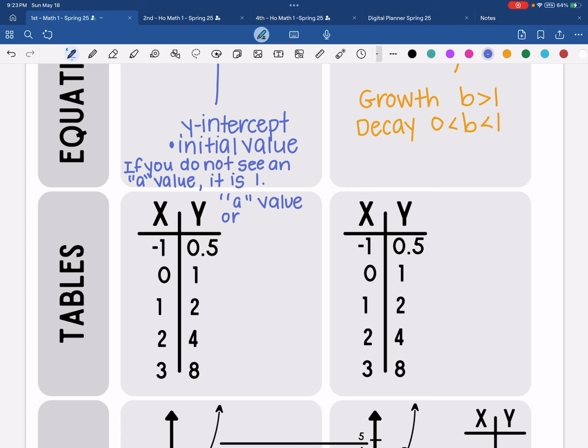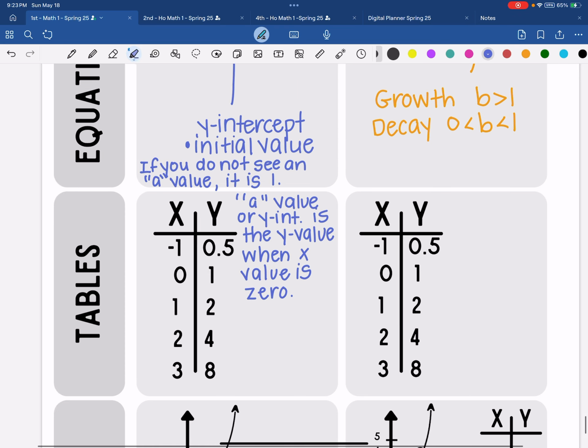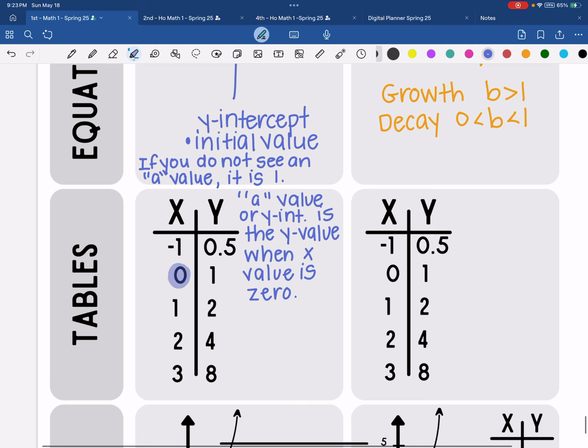So the A value is the y-intercept and is the y value when x is 0. If I look at this table, my x value does have an x value of 0, and the y value that goes with that is 1. So my y-intercept, my A value, is 1.